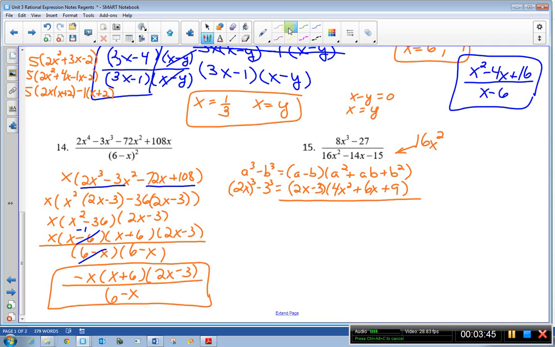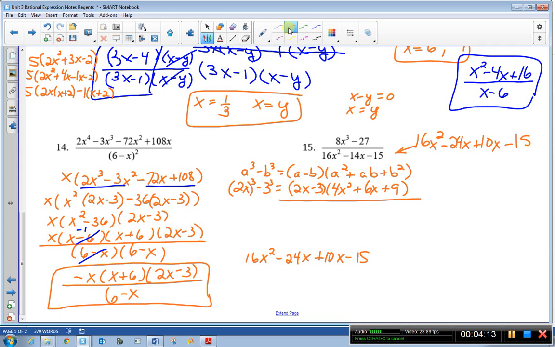16x squared minus 24x plus 10x. So 16 times negative 15 is negative 240. So if you take negative 24 and 10, they add to negative 14. And so basically I'm looking at 16x squared minus 24x plus 10x minus 15.